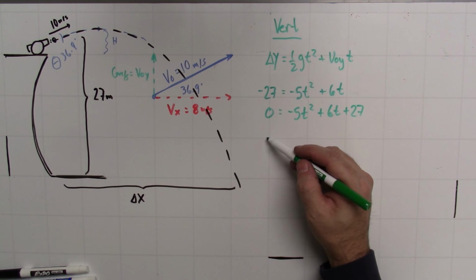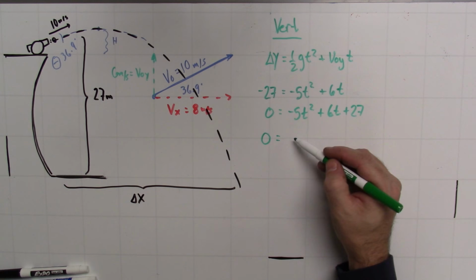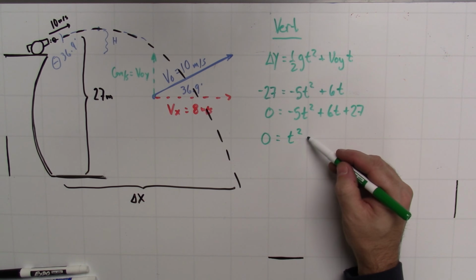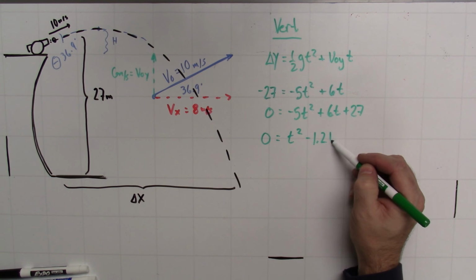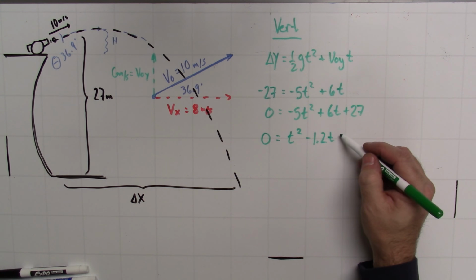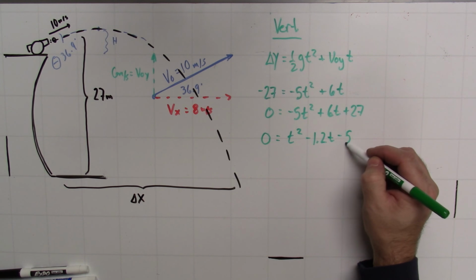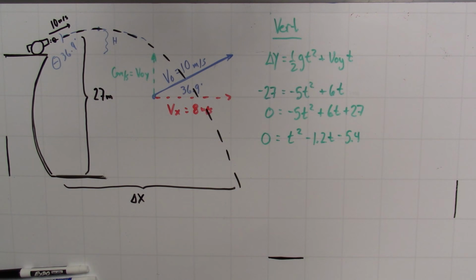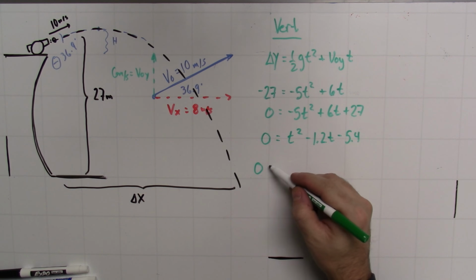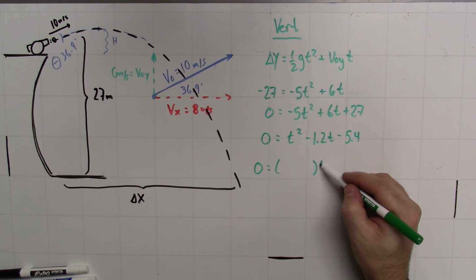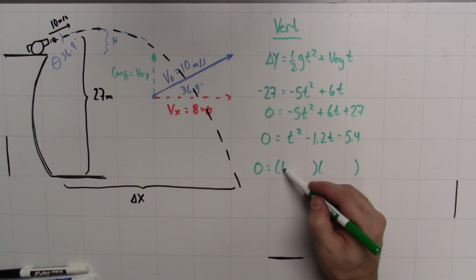Either way, what we'll do is divide out a -5, so t squared minus 1.2t minus 5.4. Now this might not seem obvious, right? And I would use your calculator to solve this.